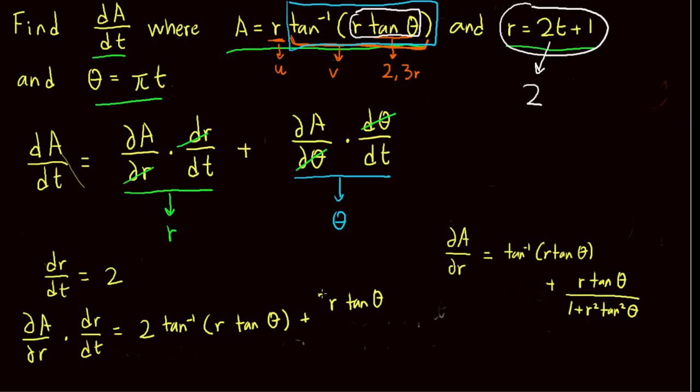Don't forget the 2, I almost forgot the 2. So 2r tan theta over 1 plus r squared tan squared theta. Okay, so that's the first part done. Now I'm going to make some space for the second part.